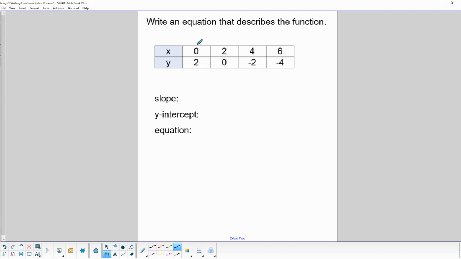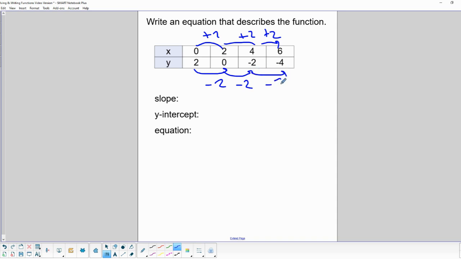All right, I think we got one more, and then we'll be just about ready to try a few of these for practice. So our change in x, up 2, up 2. So our change in x is add 2. Our change in the y direction, on the other hand, is minus 2, minus 2, and minus 2.